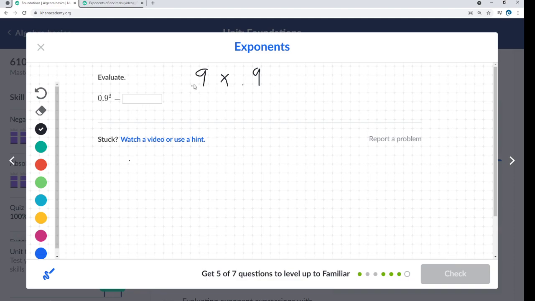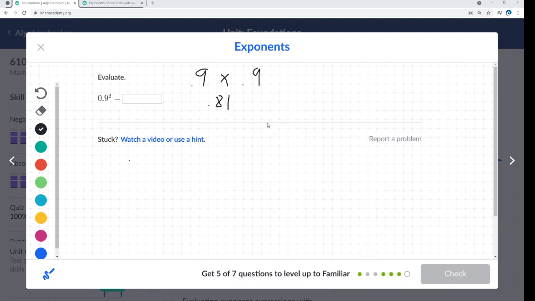So this would be 81, and then it's 2 decimal places, right? And then it's 2 total decimal places. So I guess it's just 1. No, that's not right. 0.9 times 0.9 is, let me just, it is.